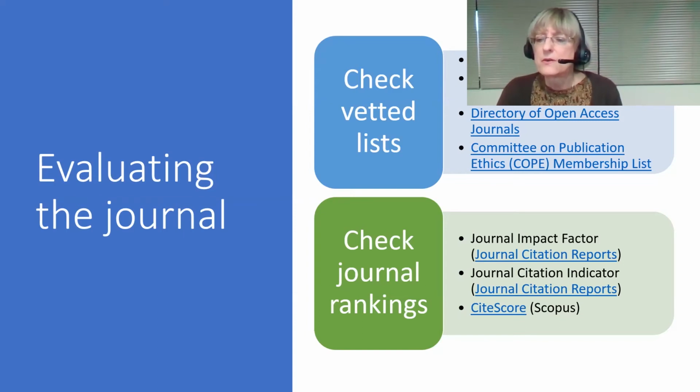And then lastly, there's a committee on publication ethics called COPE, and pretty much the legitimate publishers become members of this committee. So if your publisher is in here, that means they meet certain standards of publication, and it should be a good journal.